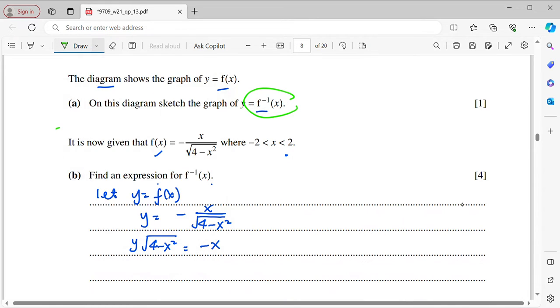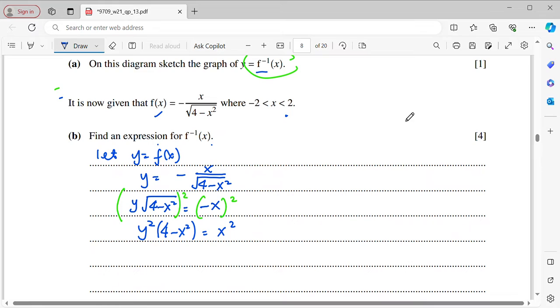When I square both sides, then y squared, and the square and square root cancel off, I will get 4 minus x squared. The right hand side will be just x squared. Now just do expansion. For the left hand side, you'll be getting 4y squared minus x squared y squared equals x squared on the right hand side.